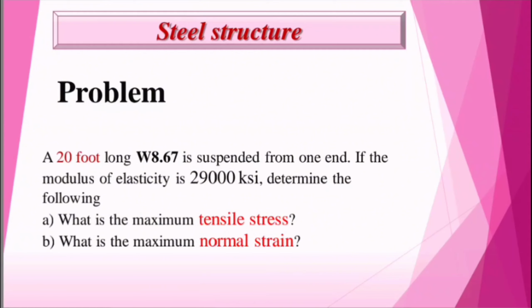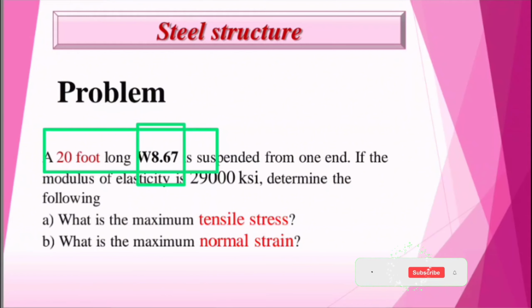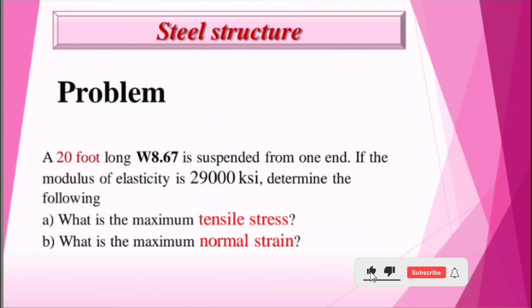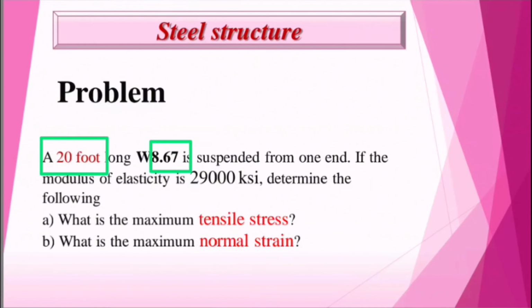Here you learn the designation of the W shape: the nominal depth is 8 inches and the weight in pounds per foot of length is 67. If we multiply this 67 by the total length, we will get the weight of the 20 feet long shape of structural steel.